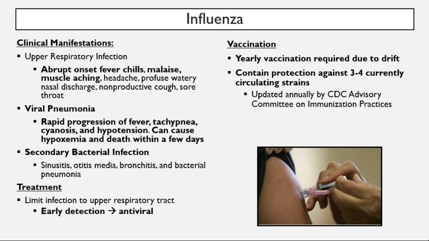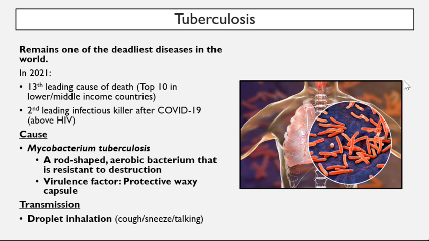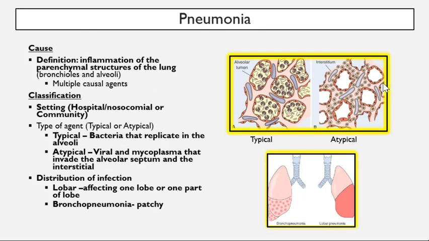The vaccine contains protection against 3 to 4 currently circulating strains. This is updated by the CDC, and then Europe typically jumps on board for whatever the CDC does. It's a good way of controlling influenza spread.